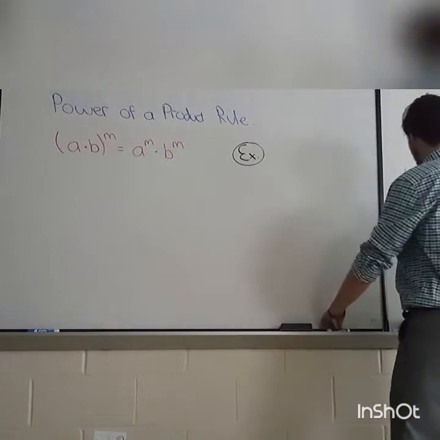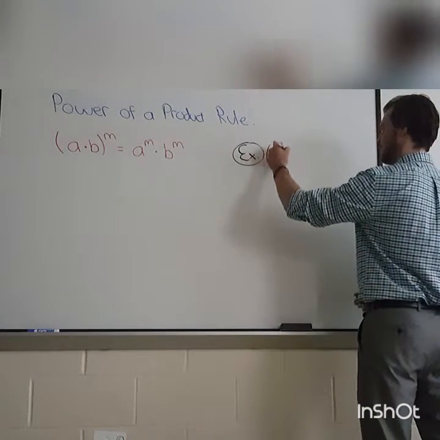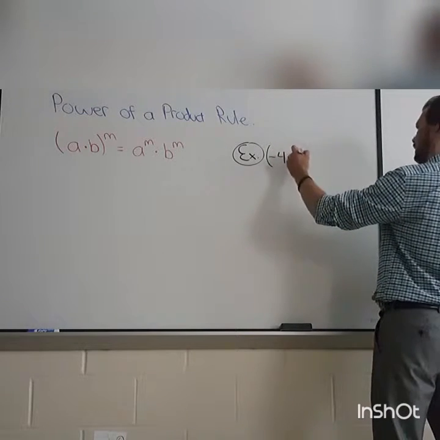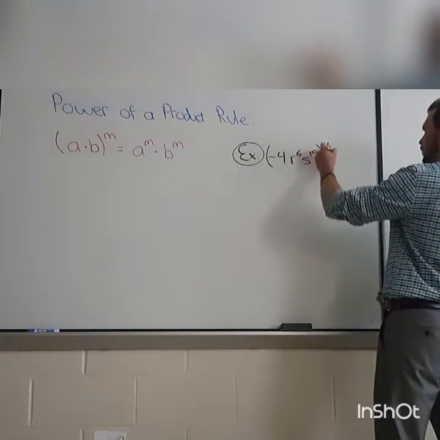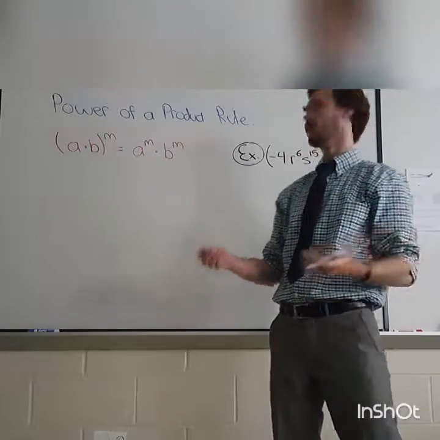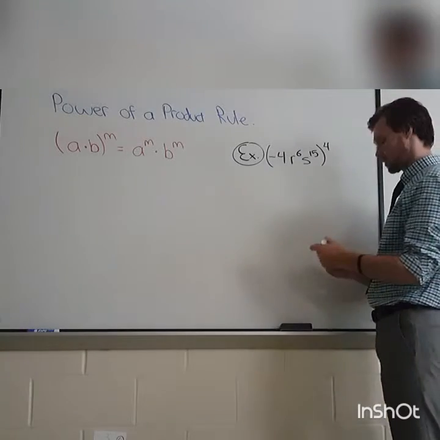Got one written down here. I'm going to do -4 r to the 6th s to the 15th, all to the power of 4. So we got a little bit bigger numbers here, a negative, and one more extra term. But it's still going to basically work the same way.